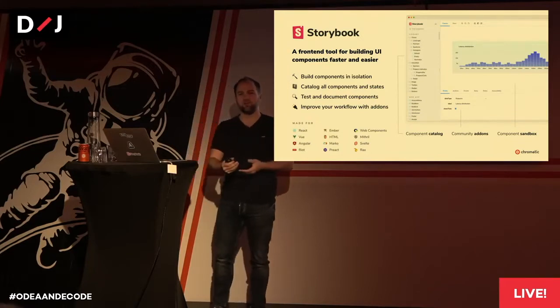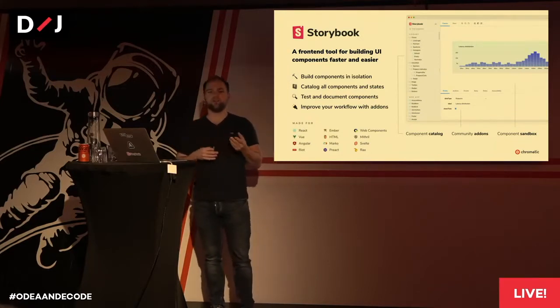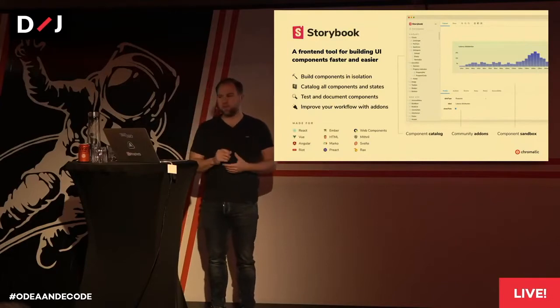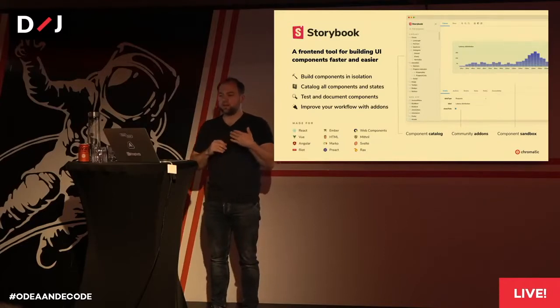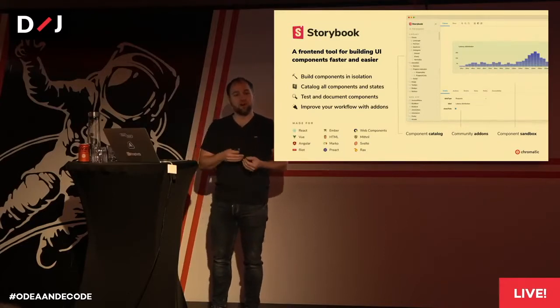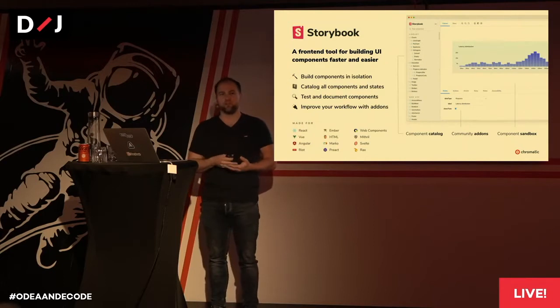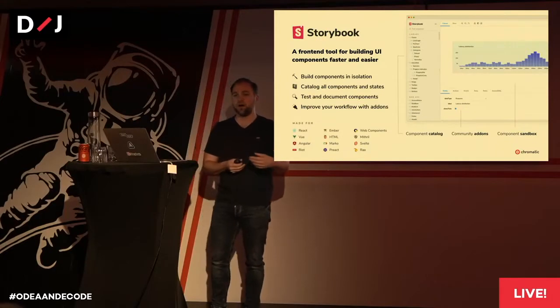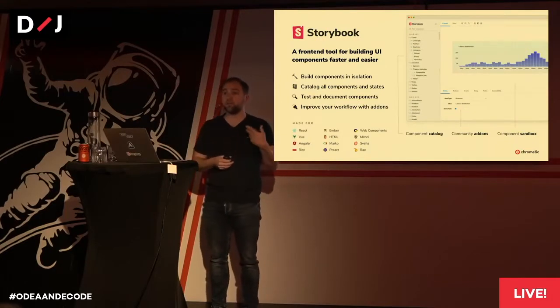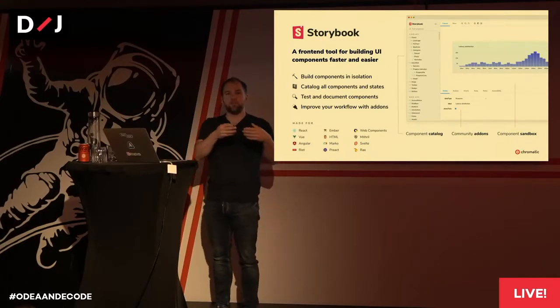It allows you to organize your work by cataloging all the various components that you have in your system and all of the states that those components can be in. You can use Storybook to test and document your components so that they are more resilient to change and they are easier to reuse by other people on your team or other teams, or maybe even people in the world.